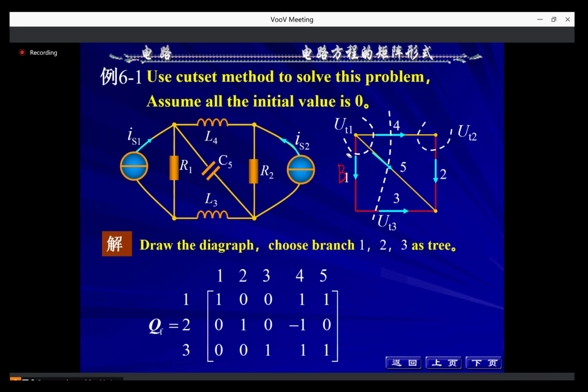For the branch 2, the cut set 2, this A part, this B part, 2 flows from A to B, but branch 4 flows from B to A, so this position is negative.